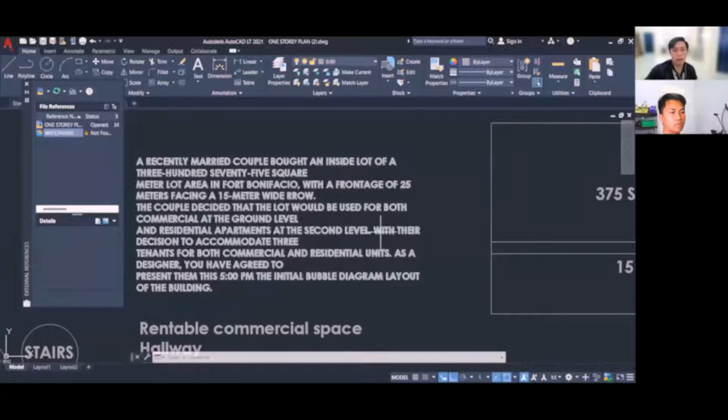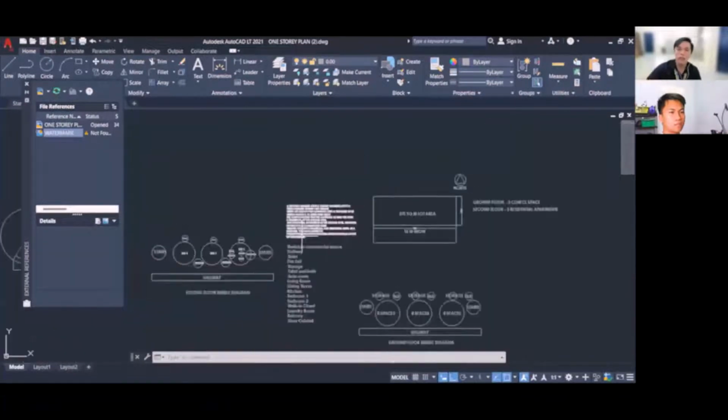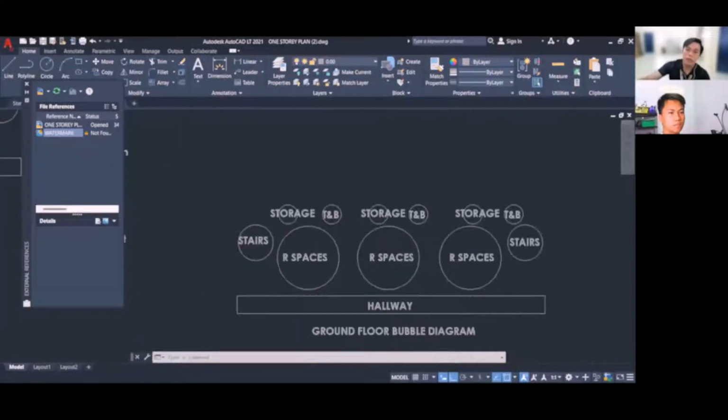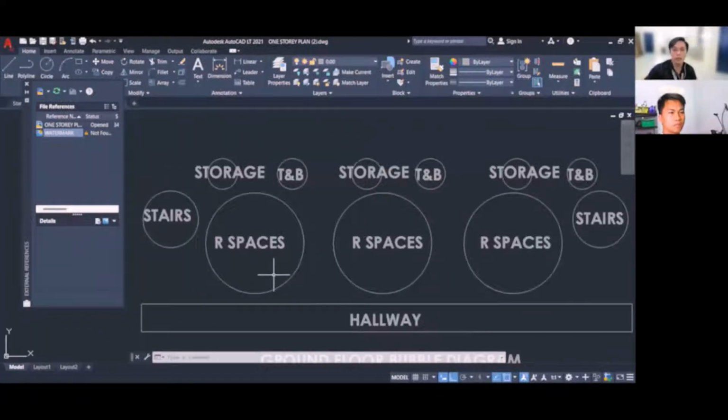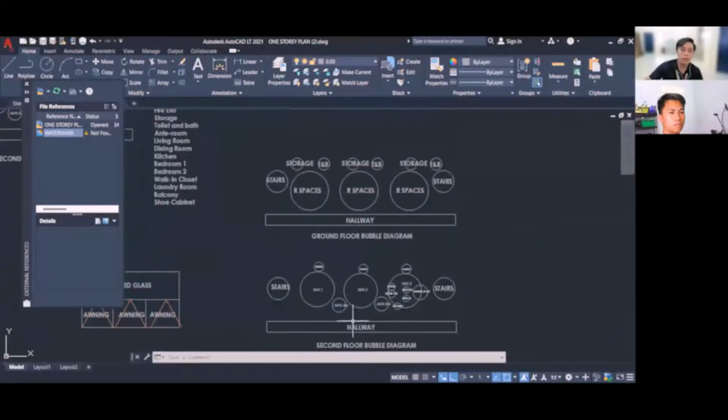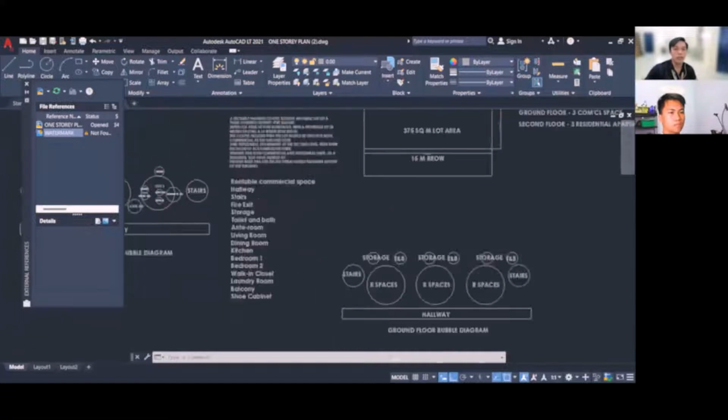Sabi dito, with their decision to accommodate 3 tenants for both commercial and residential units. So ibig sabihin, we have 3 tenants separately for the rentable spaces. So, ibig sabihin magkakaroon tayo doon ng 3 units and then another 3 units for residential units.